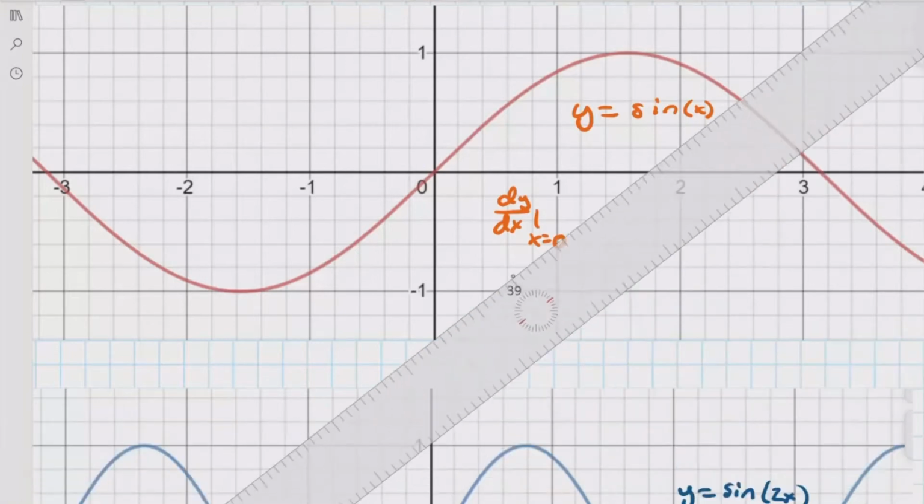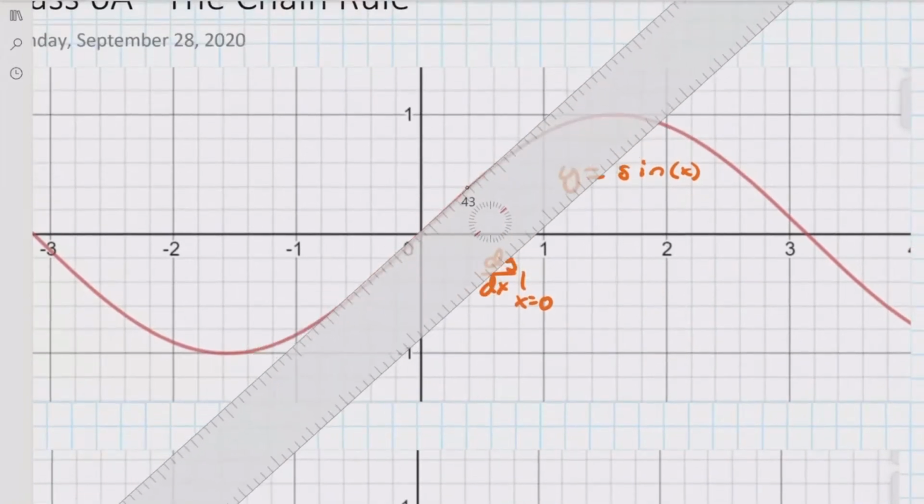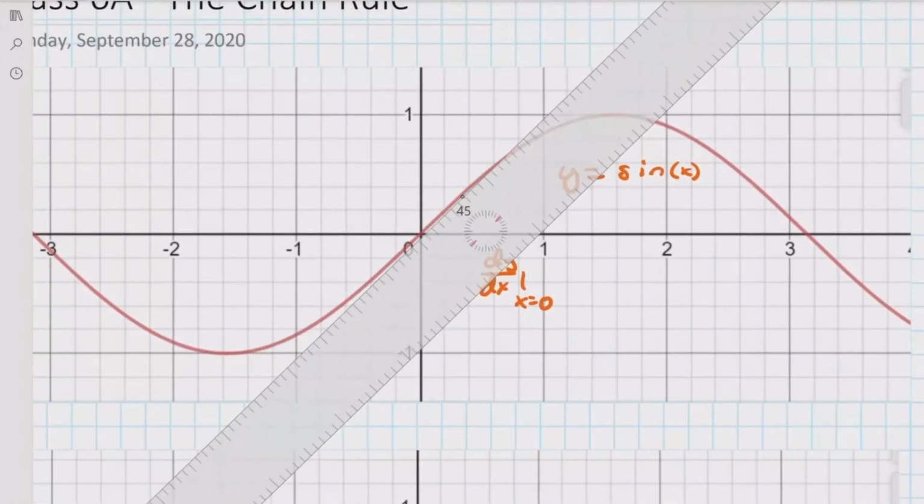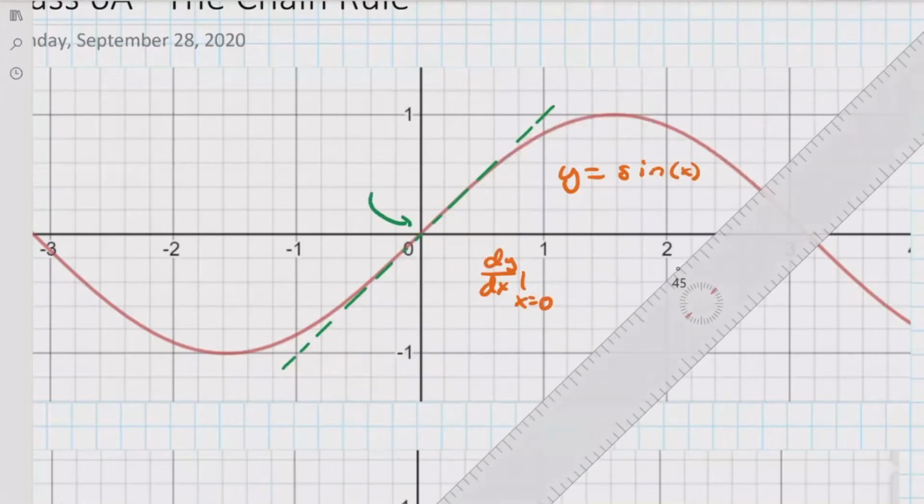So I plot my little ruler down, and I take the tangent line here, and I wind up with a slope of the tangent line of 1. So I've got dy over dx when x equals 0 equals 1.